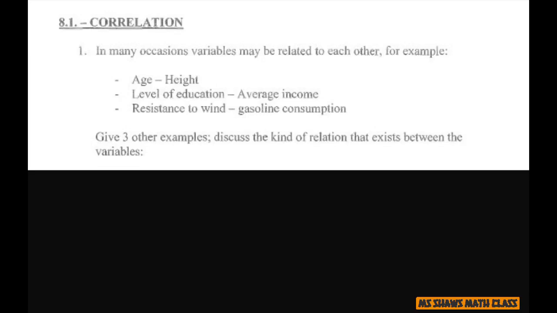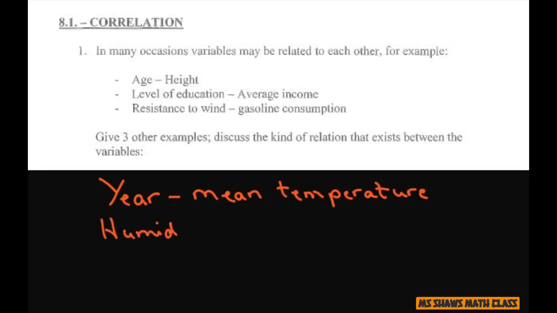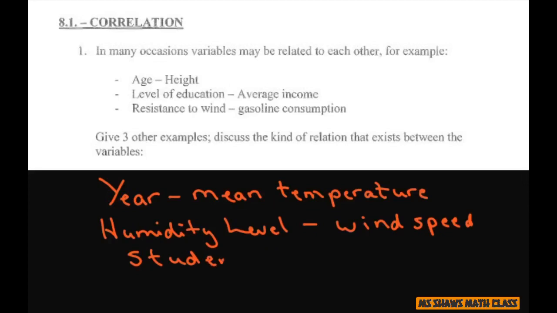So if we were to give 3 other examples, we can do something like year and the mean temperature, or we could say humidity level with wind speed, student's name or name of student with height, say.